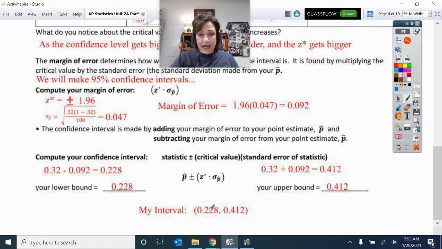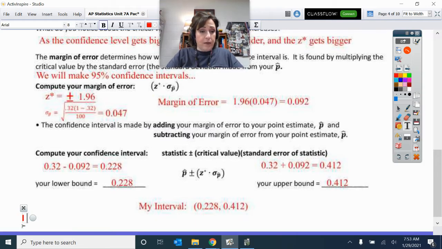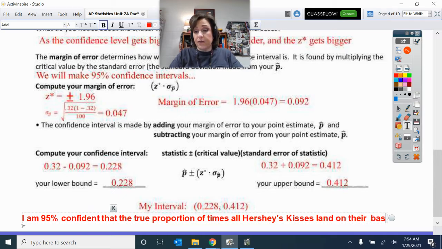All right, so I got this answer here. So I am 95% confident that the true proportion of times all Hershey's Kisses land on their bases is between 22.8% and 41.2%.